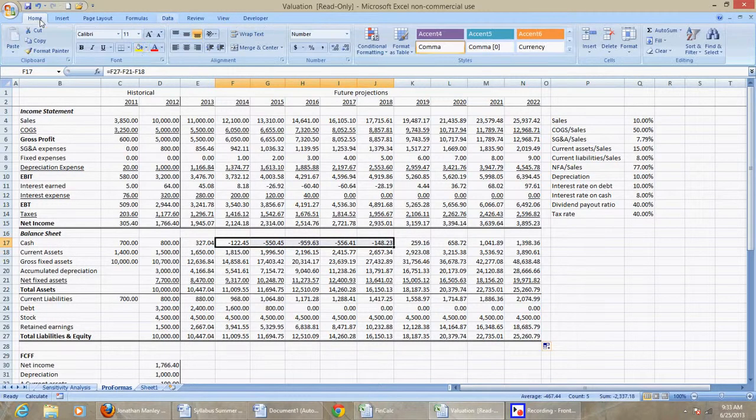So if you run out of cash, you obviously are going to need to borrow money or issue stock. So all this is just a brief point: using cash as a plug figure is fine, but if you have a negative number like we do here, we're going to have to issue some more debt. So that's just one of the little things you have to keep an eye on when you're doing this.